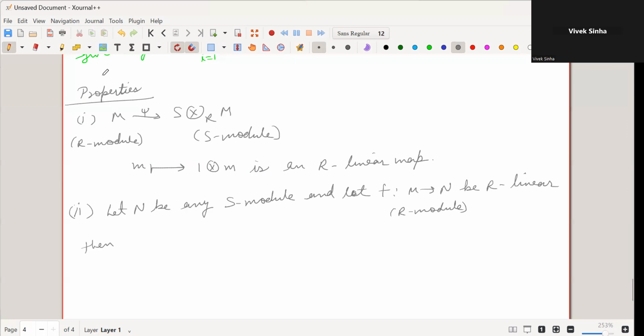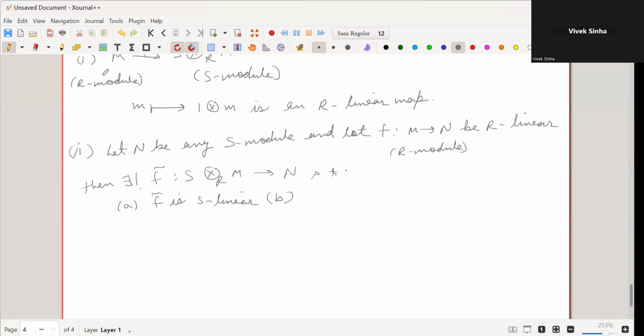Then there exists a unique f tilde, a map from S tensor_R M to N, such that first, f tilde is S linear, second, f tilde composed with psi is equal to f.